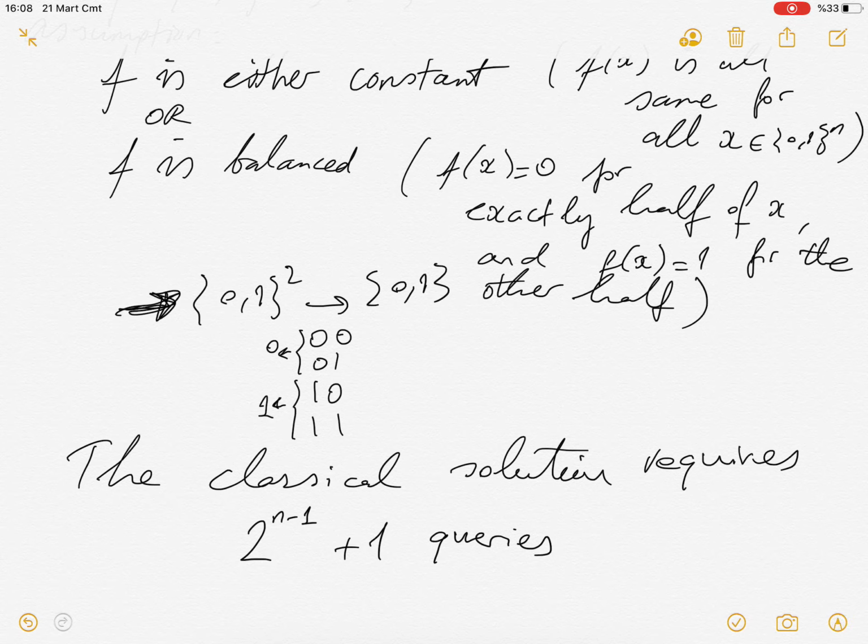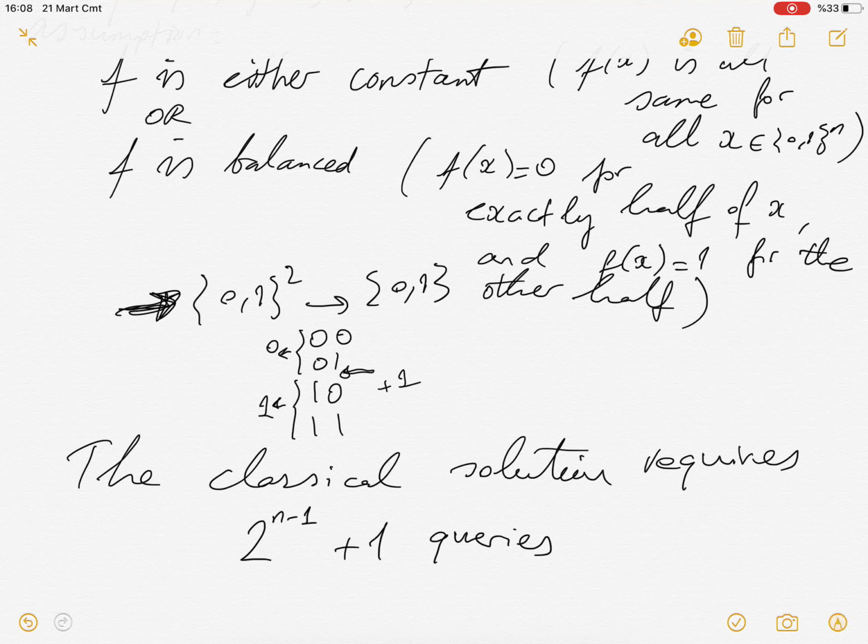What we could do is evaluate f for inputs up to half of them, that's 2^n divided by 2, which is 2^(n-1). If all outputs are 0 up to this point, we need to evaluate 1 more, plus 1.